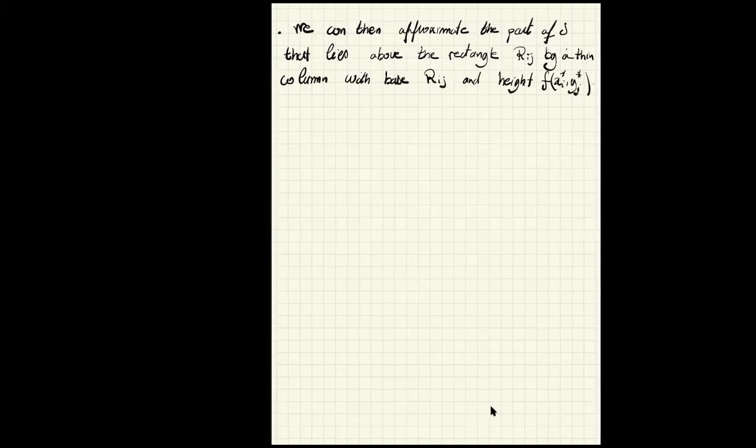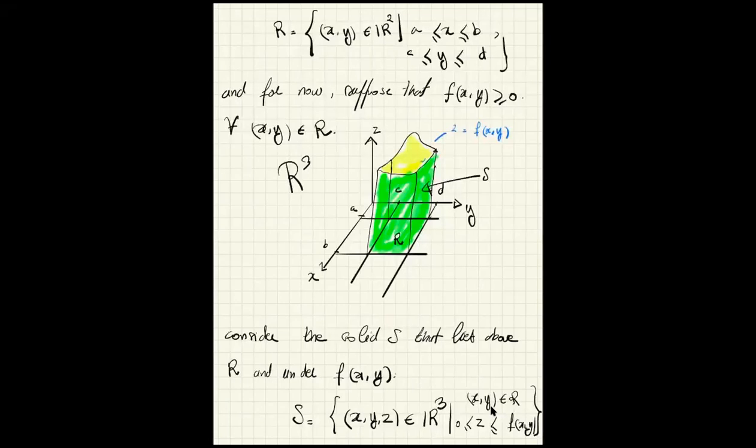So that's exactly the same thing as we did in the two cases. Concretely, going back to the three-dimensional case, we divided this rectangle into very small rectangles. That was our small rectangle, R_ij.